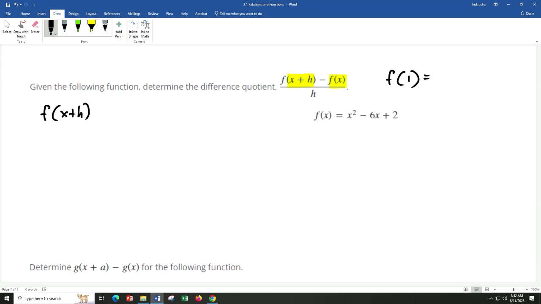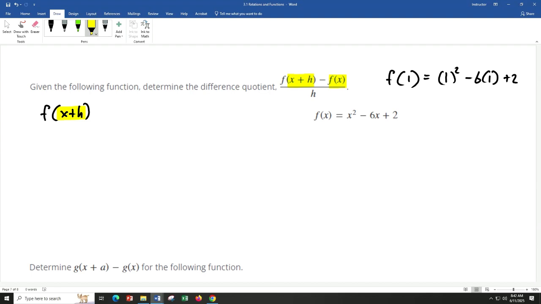Well, wouldn't you just come in here and put 1 squared minus 6 times 1 plus 2? You all get that, right? Well, you're doing the same thing here. I'm just going to replace every single x with that. That's all I'm doing. I'm replacing whatever's inside the parenthesis with every single x value.